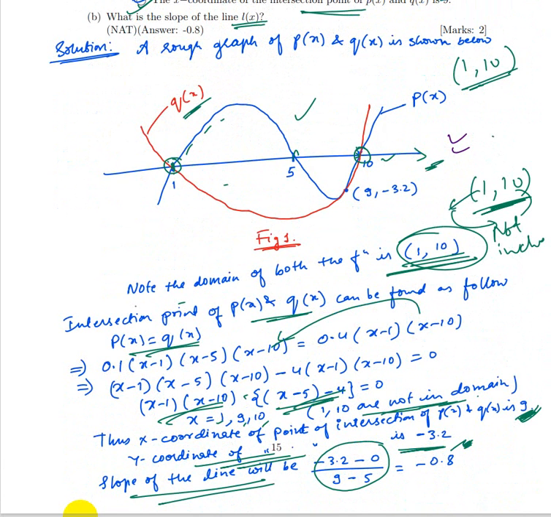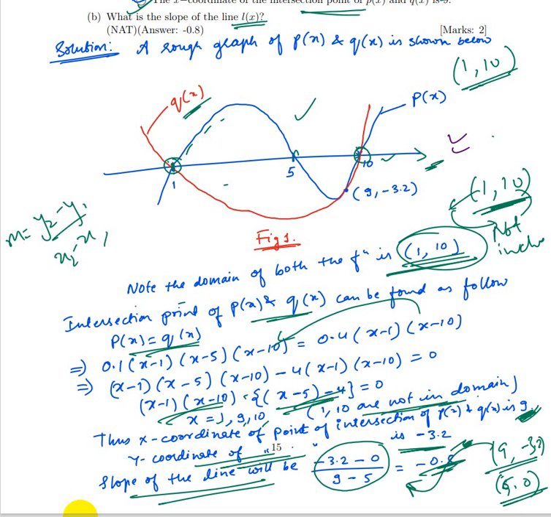The line passes through the point (9, -3.2) and the x-intercept, which is (5, 0). So we can find the slope using the formula m is equal to y2 minus y1 upon x2 minus x1.